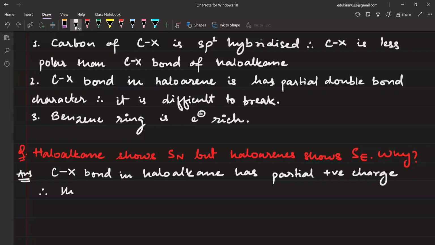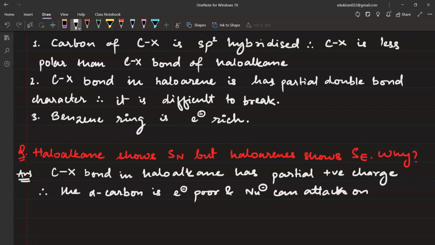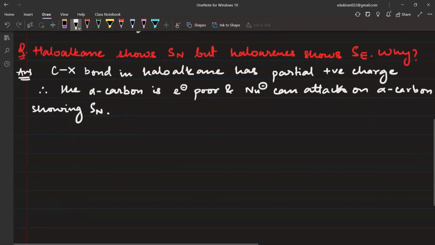Therefore, the alpha carbon is electron poor, and a nucleophile can attack on the alpha carbon, showing SN, nucleophilic substitution.